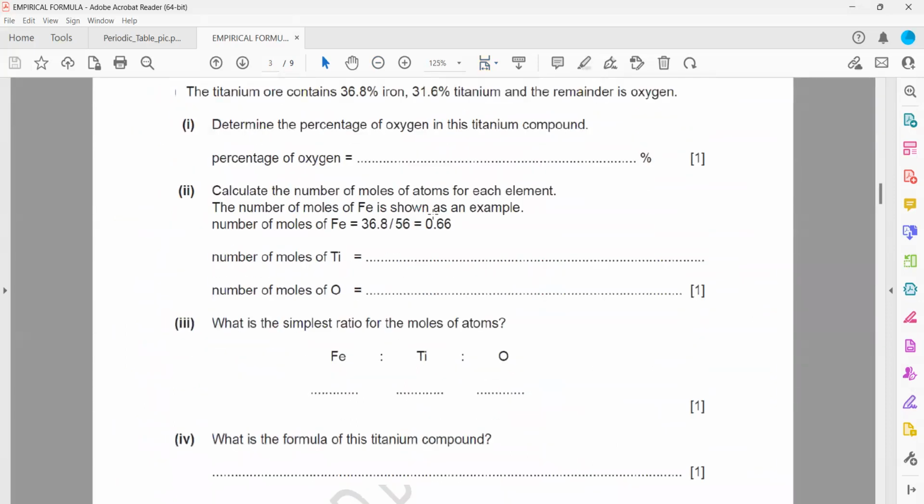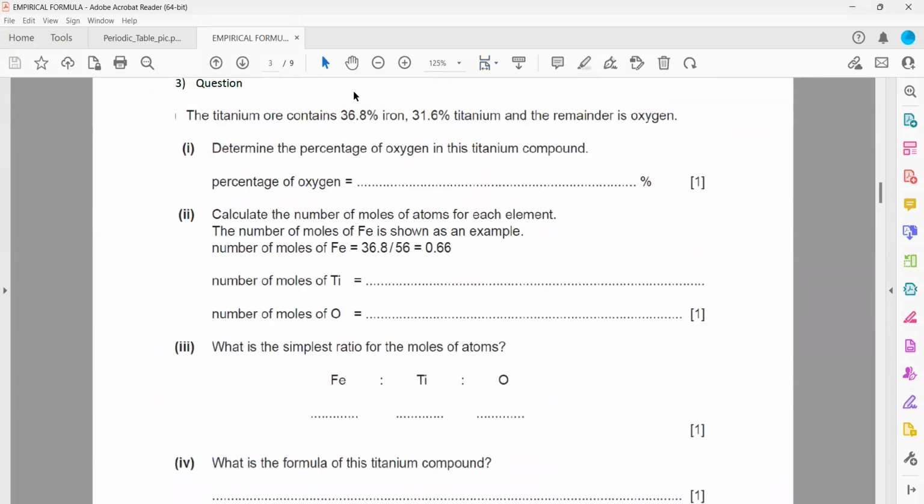Another question in which you have to work out the empirical formula. Titanium ore contains 36.8% iron, 31.6% titanium, and the remainder is oxygen, because the total percentage of all the elements should be 100. So how can we work out the percentage of oxygen?